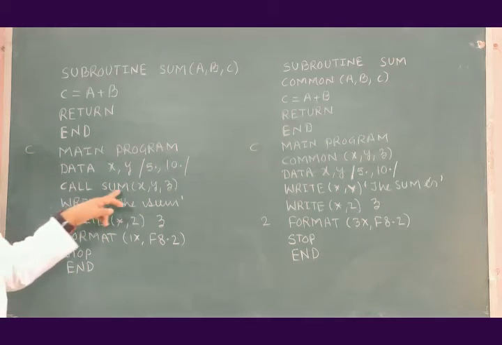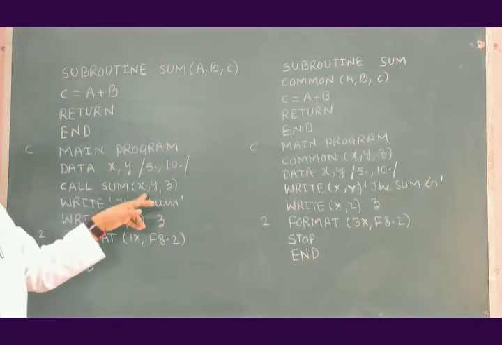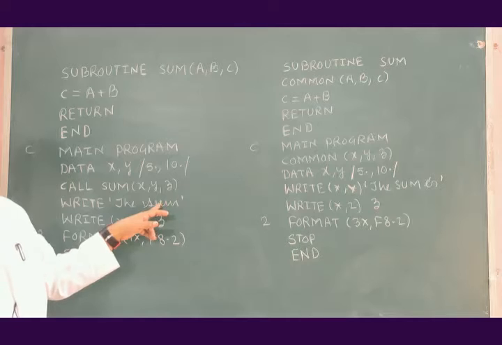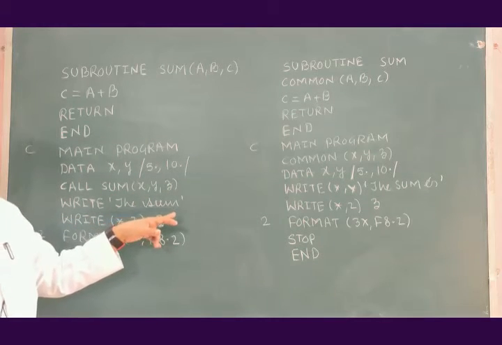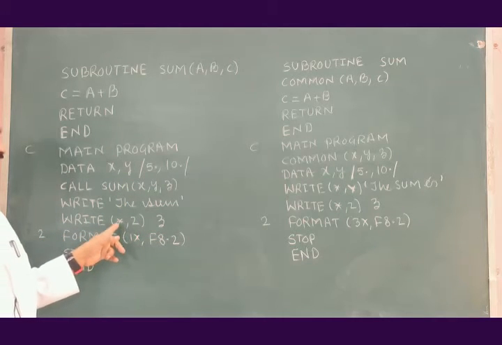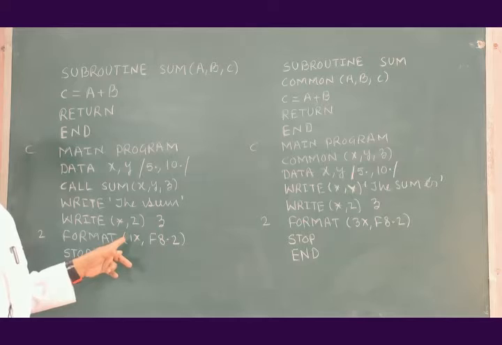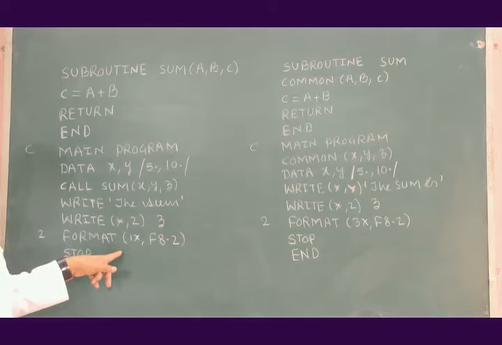Call sum (x, y, z). This subroutine is called and the sum of x and y is computed; that sum will be equal to z. Write (*, 2) z: asterisk for the default device, 2 for the line number of the format statement.